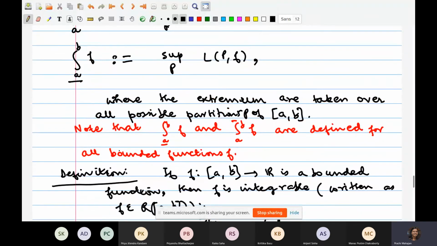Remember how we defined the lower integral? The lower integral by definition is the supremum over the lower sums, where the supremum is taken over all possible partitions of the interval [a, b].